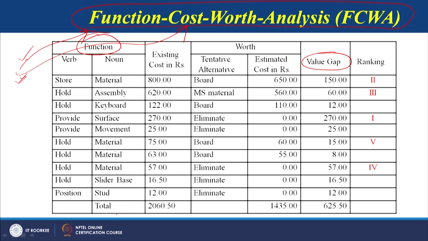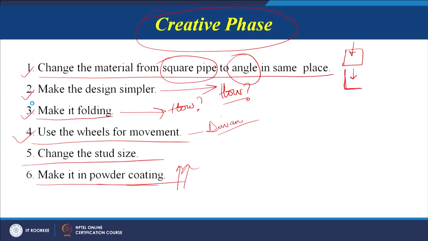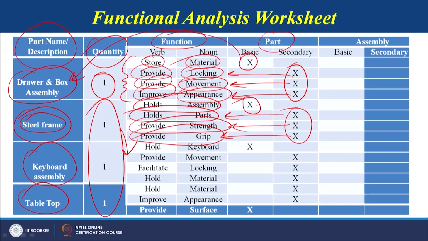What are the functions? One is store material. What is the cost being spent? 800. Now, if we go back and see drawer and box assembly, what is the purpose? Store material. That is the only basic purpose.